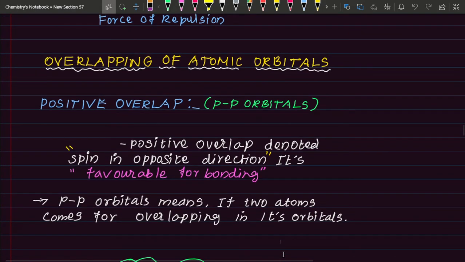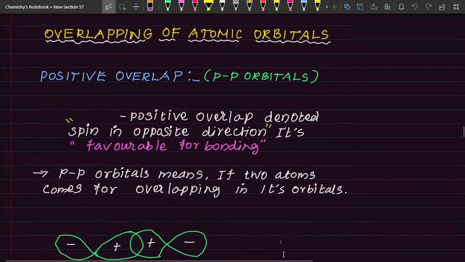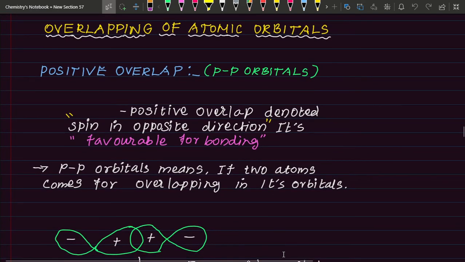See, positive overlap denotes spin in opposite direction, it is favorable for bonding. Spin in opposite direction is a very important term, it is favorable for bond formation.